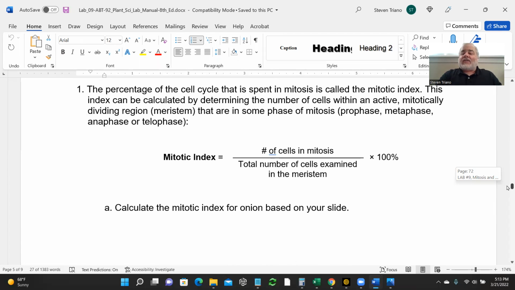The mitotic index, I just explained that to you in that diagram. The number of cells in mitosis, everything except interphase, divided by the total. And so for this calculation, you can redo the data that I have in the sample and just show me you know how to write what I just demonstrated, essentially copying the information.